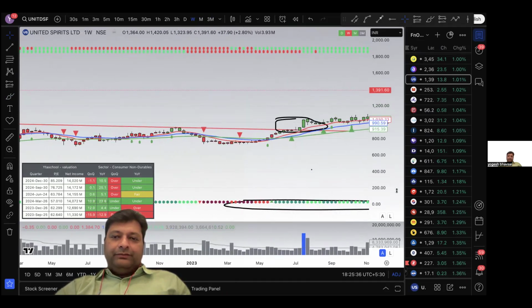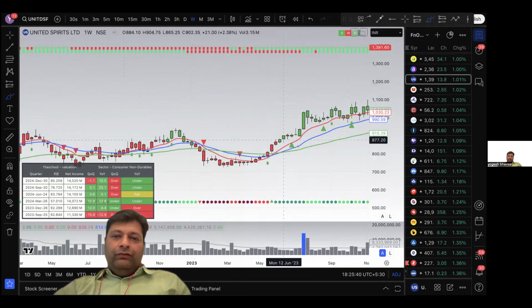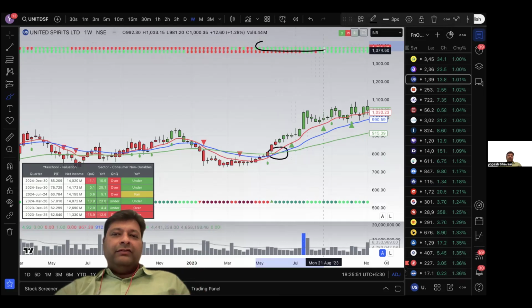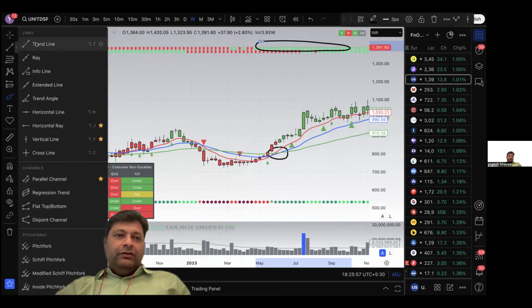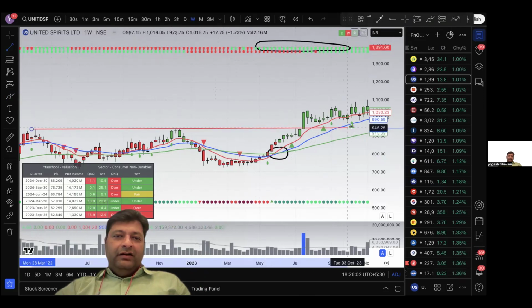Okay, now see, we have a fresh 9, 21 and 55 breakout. At the breakout, see, one of the relative strengths has already started turning green. Okay, now where is the resistance? Find out the resistance. So over here, this area is a resistance.